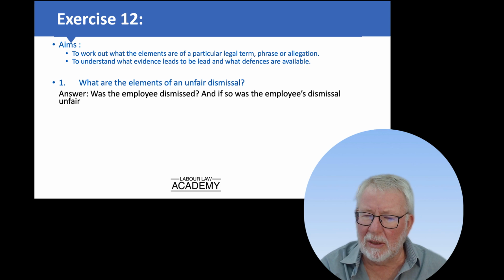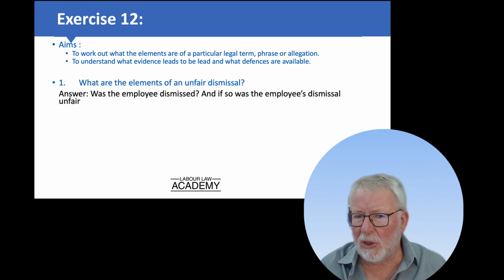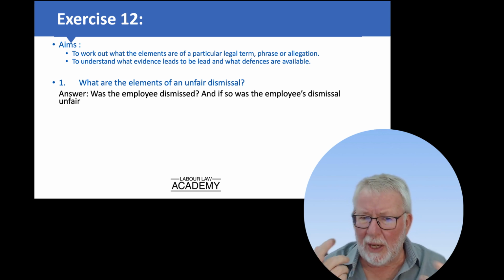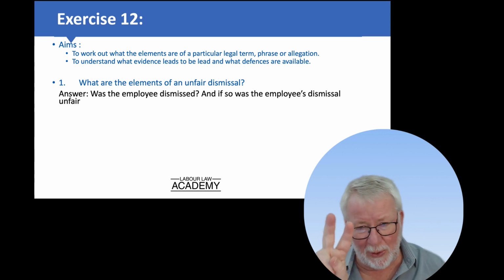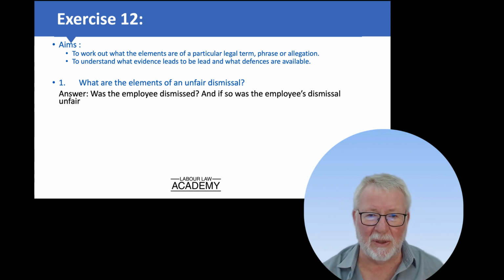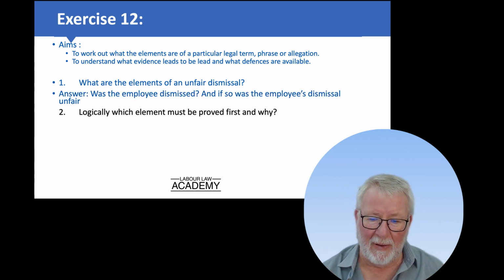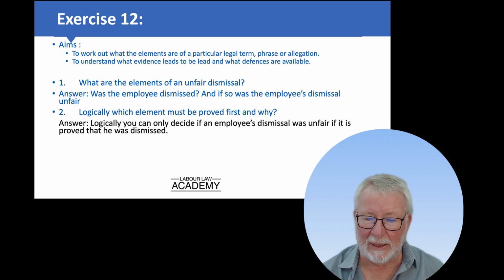Does that make sense? Dismissal. Somebody was fired from their job. So those are the elements. There's two elements to an unfair dismissal. Which element must be proved? I've already answered that. Dismissal was unfair if it's proved that he was dismissed. I hope you see this.